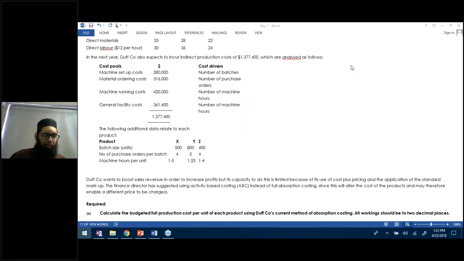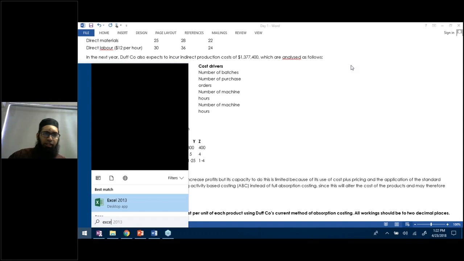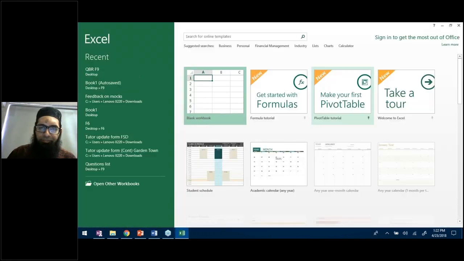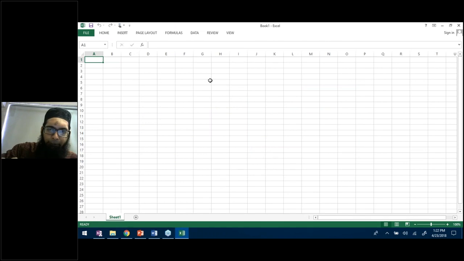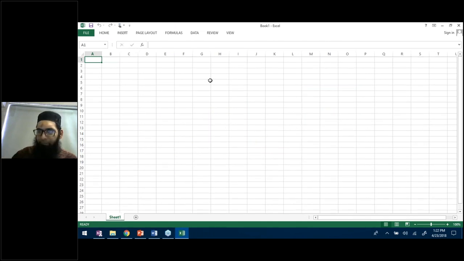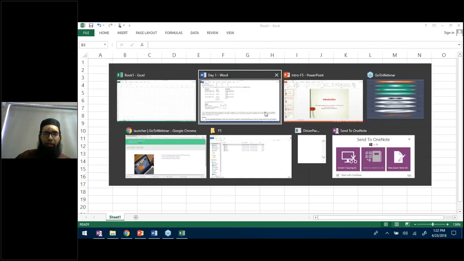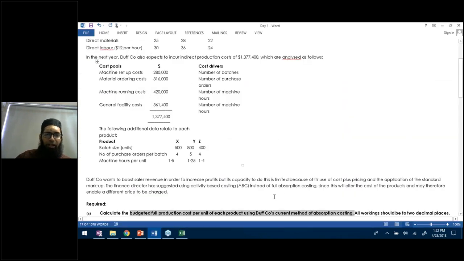So I will be covering the question in the spreadsheet environment. And for that, the first thing I will be doing is preparing a complete format. Now, the requirement in the question was to calculate the production cost of each unit.